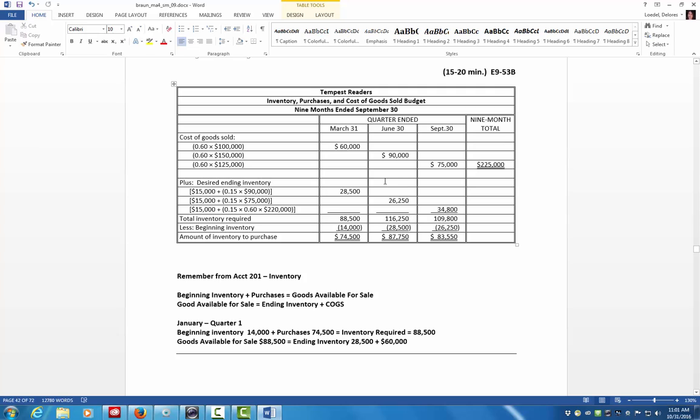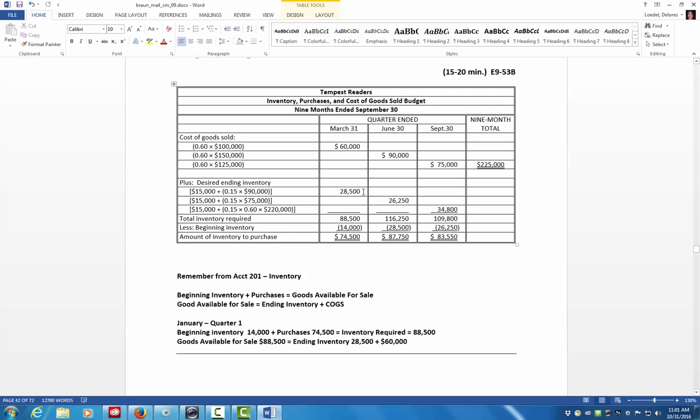And then of course with each subsequent quarter here, we know what is required for our cost of goods sold and our desired ending inventory. We know what is required, and then we know what our beginning inventory needs to be, 28,500, because we calculated that as our desired ending inventory.